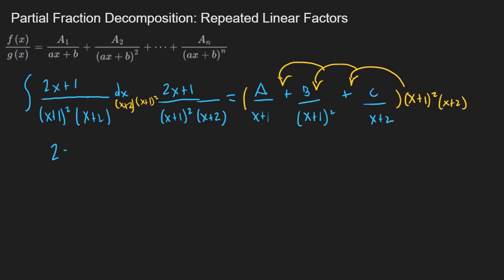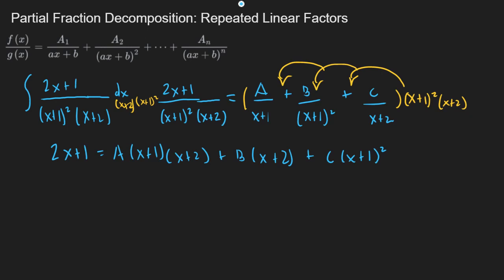We get the equation 2x plus 1 equals a times (x plus 1) multiplied by (x plus 2), plus b times (x plus 2), plus c times (x plus 1) to the second power. Now, in our previous video, we said that when solving for the unknown constants, we need to plug in values.